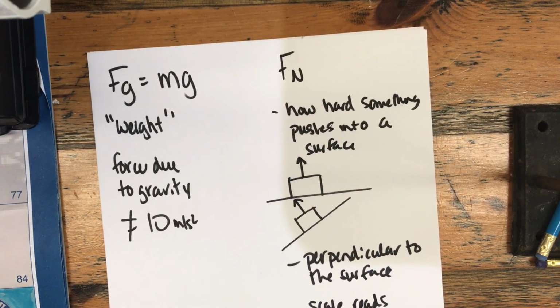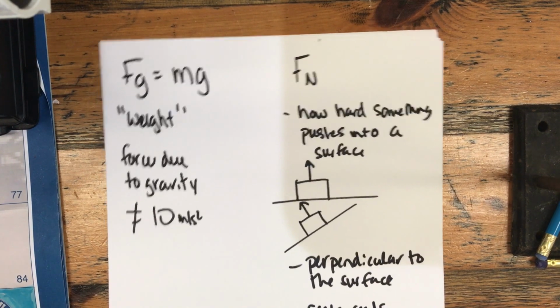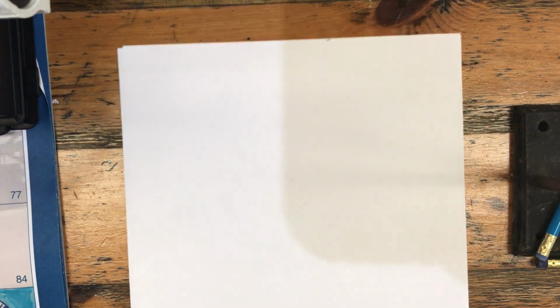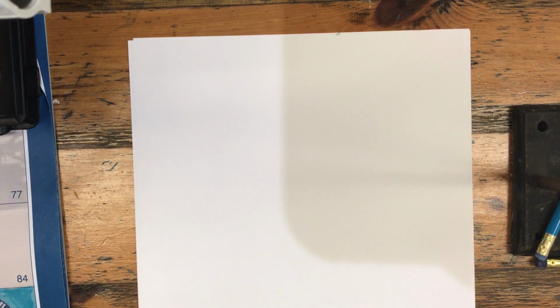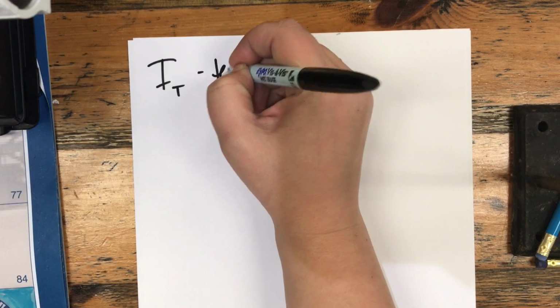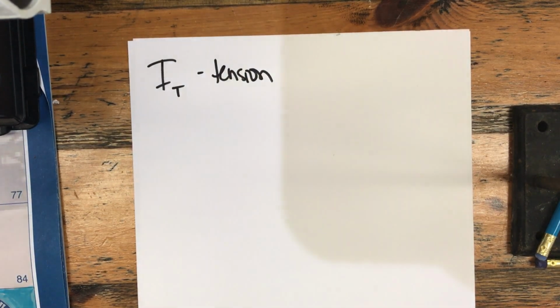All right, let's look at friction then. Actually, let's do tension and spring force first, and then we'll come back to friction because there's a little bit more to friction. All right, so Ft is called tension, right? It's a force that's exerted within a string or a rope or a cable, right?